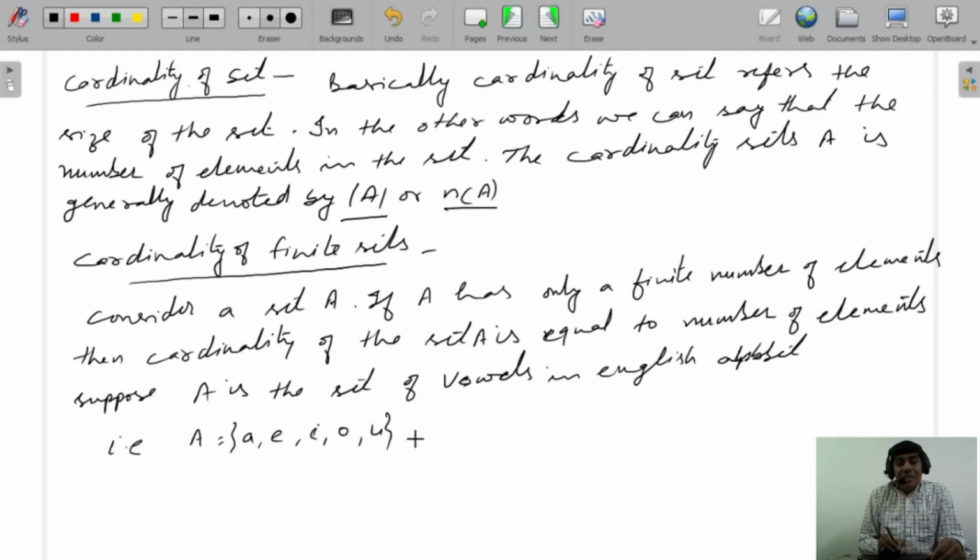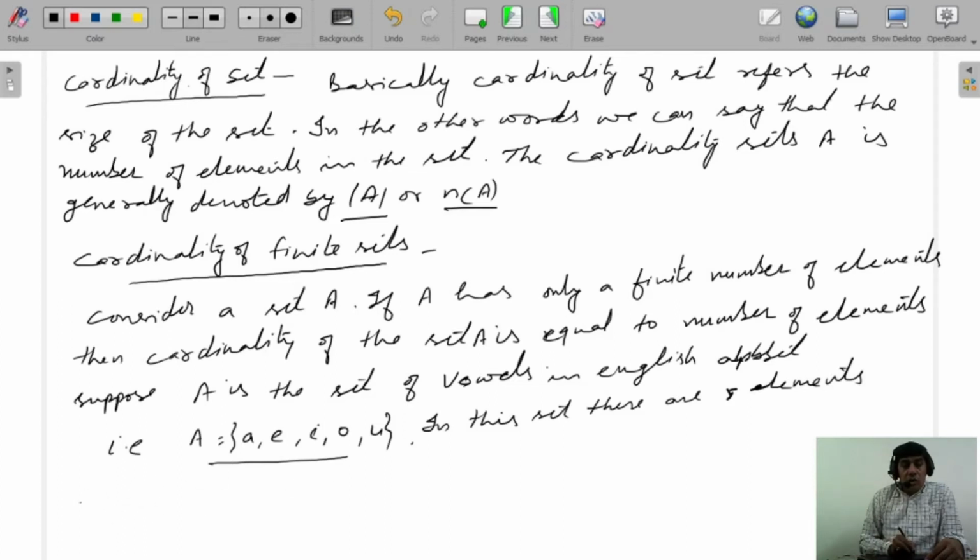In this set, there are 5 elements. So the cardinality of A, that means modulus of A, is equal to n of A, is equal to 5.